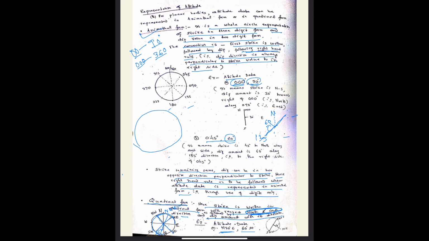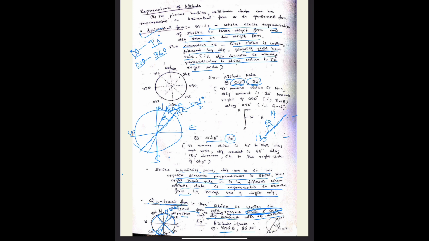If this is the circle, this is north, this is south, this is east, this is west. Exactly this will be northeast, 45 degrees. This line is northeast. Northeast means north of northeast. This is the northeast line. So towards north of this line we have north northeast.